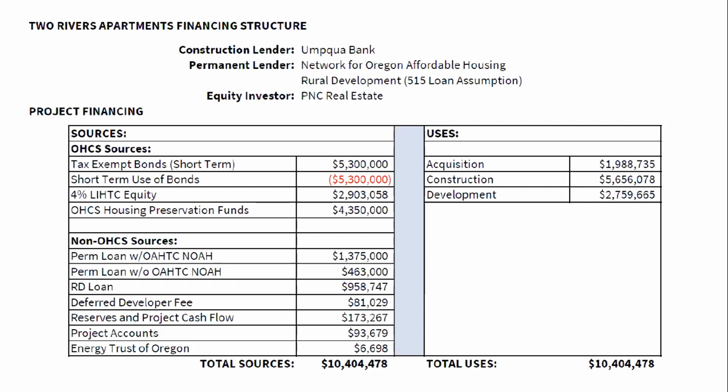We've been able to do options a year to a year and a half out. A lot of the owners understand the process with RD and that it can take time. So we've been able to have some flexibility there. We've had to do some extensions, but we've pretty much been able to get long enough options to be able to get us to closing.